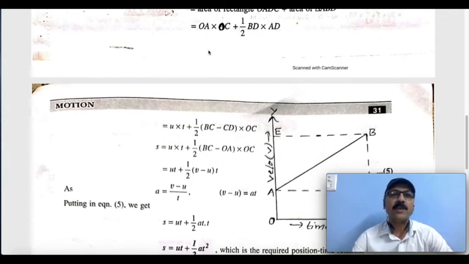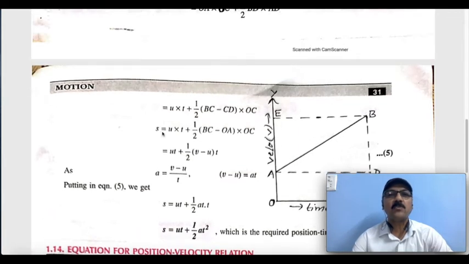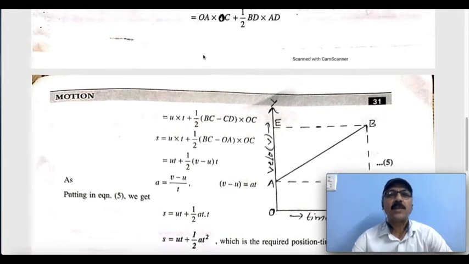Putting the value here, OA equals U and OC, this OC is equal to time T. So U into T in place of OA and OC, we put here U into T plus half BD, which is the final velocity BC minus initial velocity CD, into AD.